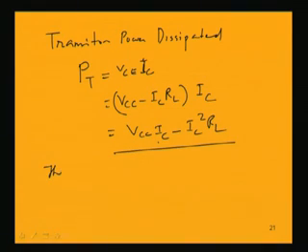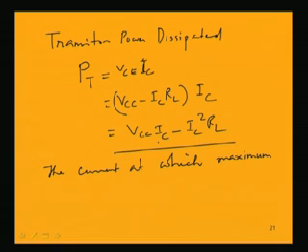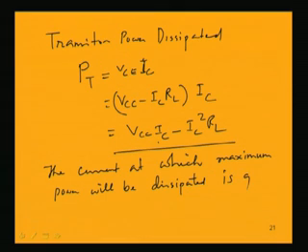The current at which maximum power will be dissipated is given by the maximum condition from this equation, PT is equal to VCC IC minus IC square RL. So, we have to differentiate PT with respect to IC and put it equal to 0 to get the maximum condition of the collector current.